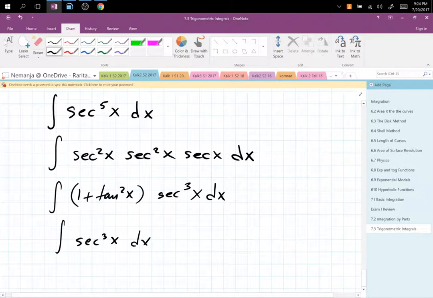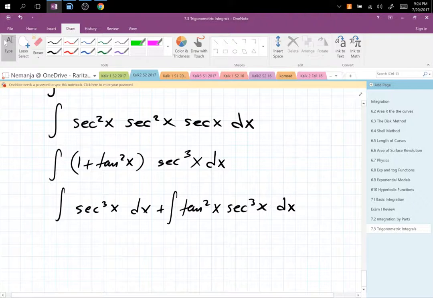For the second one. Oh, it does. Yeah, then it's plus, and over here take a secant tangent.